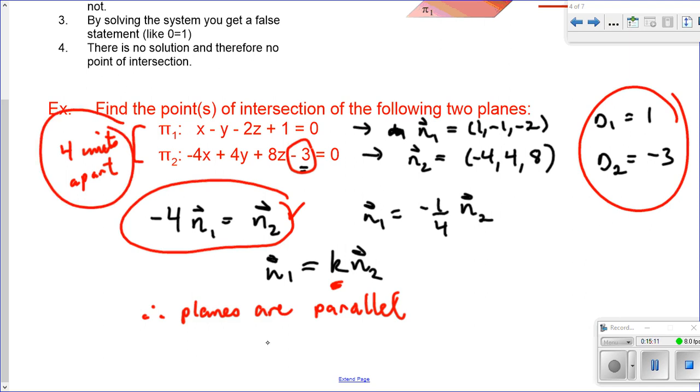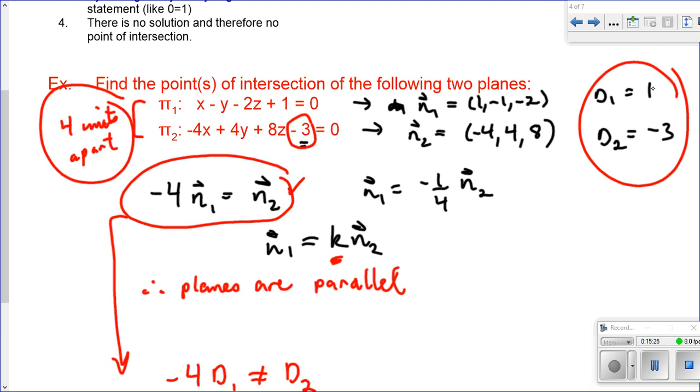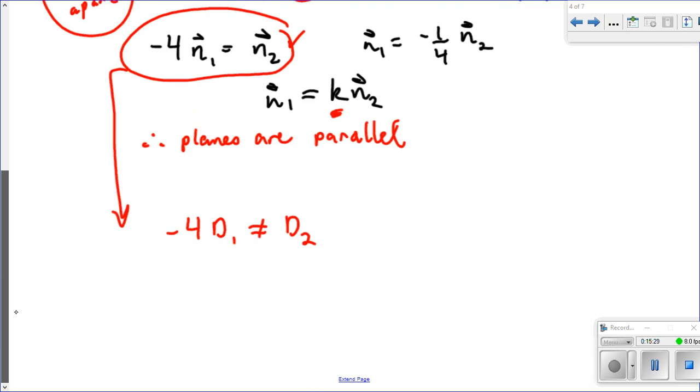So what I'm looking for mathematically is this. What did I say that my statement was? But my statement doesn't apply to my D constants, does it? I can't take D1 and multiply it by that same -4 and get D2. It doesn't work.